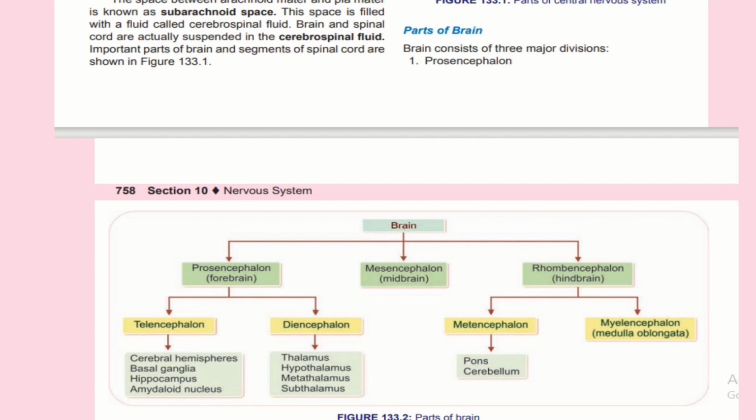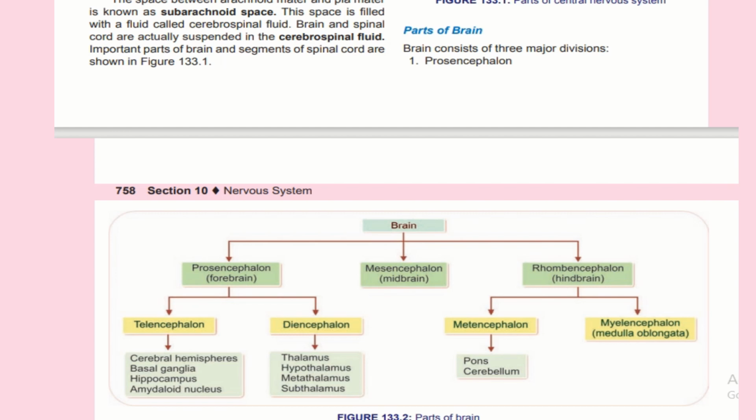Telencephalon contains cerebral hemisphere, basal ganglia, hippocampus, and amygdaloid nucleus. Then we have diencephalon, which contains thalamus, hypothalamus, metathalamus, and subthalamus.